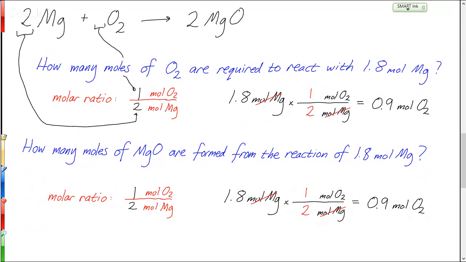Get rid of my arrow here. Okay. So if you look at what we did before, we were being asked for moles of O2 after being given moles of magnesium. This time, we're asked for moles of MgO after given those same moles of magnesium.